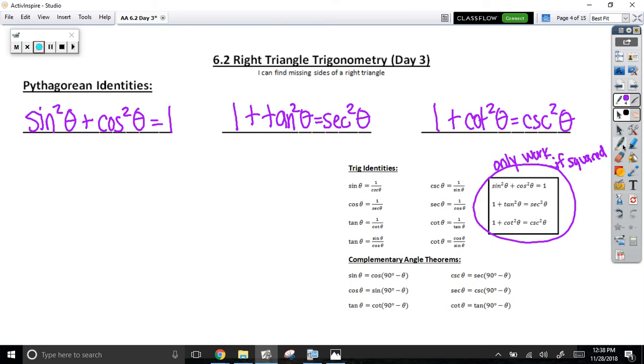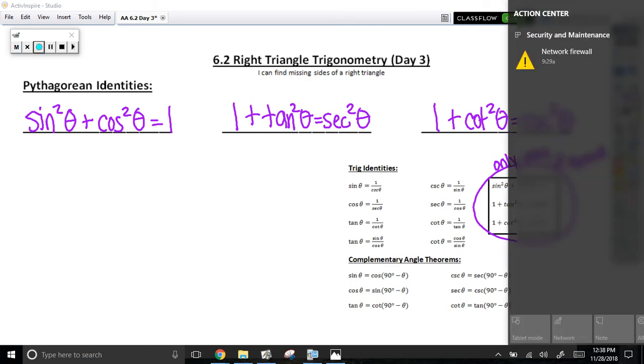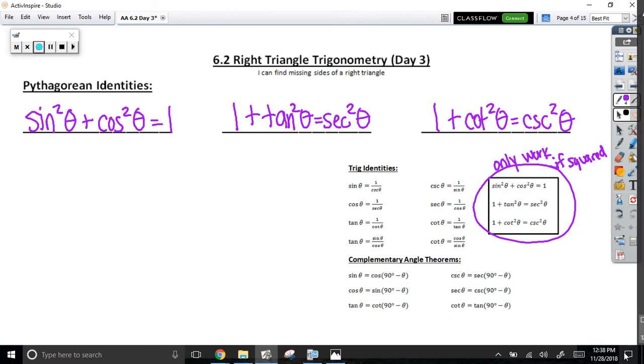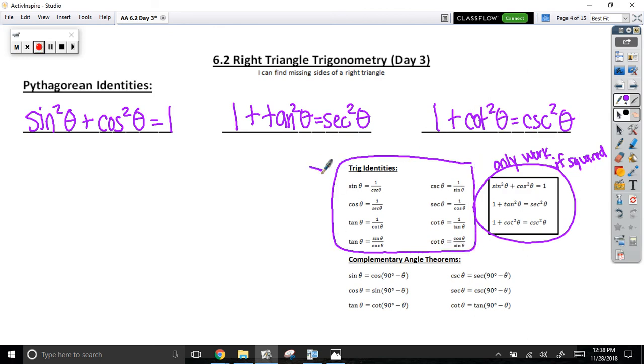Okay. Now, if I didn't confuse you enough, get ready to be confused. So I told you these ones only work if squared. These ones will work if squared also. You can square those ones. The other ones only work if squared.